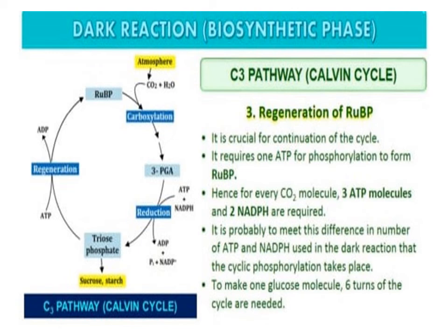Hence, for every carbon dioxide molecule entering the Calvin cycle, 3 molecules of ATP and 2 of NADPH are required. It is probably to meet this difference in the number of ATP and NADPH used in the dark reaction that cyclic phosphorylation takes place.